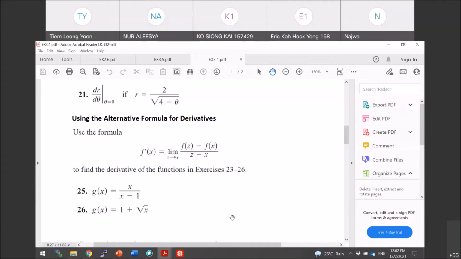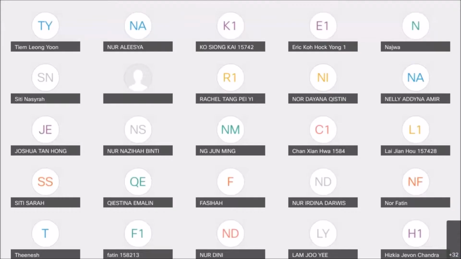So we are going to use the formula f prime of x equals the limit as z goes to x of f(z) minus f(x) over z minus x, and then find the derivative with this formula. Okay, so question number 25 should be easy. So let me try to do this using my whiteboard.